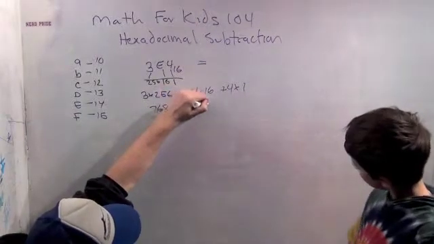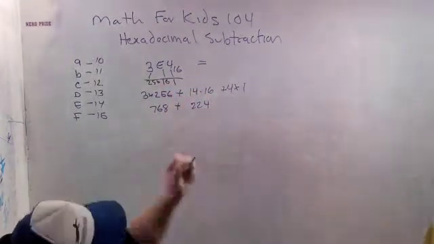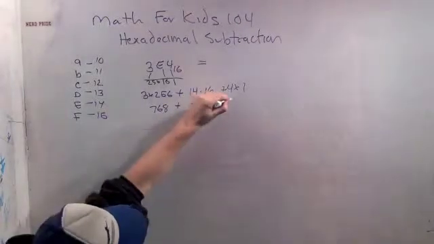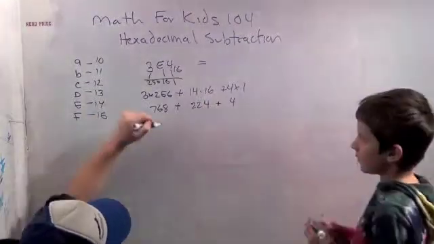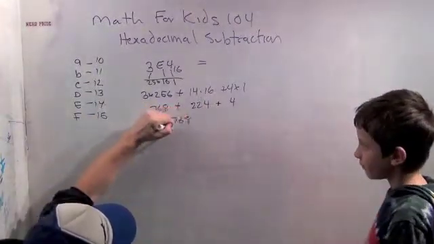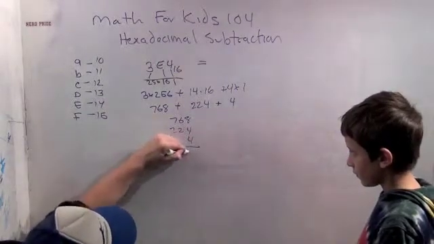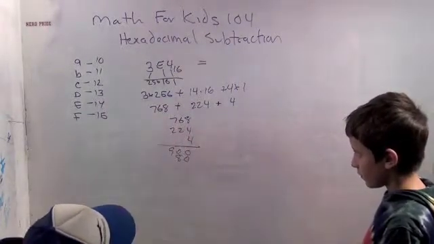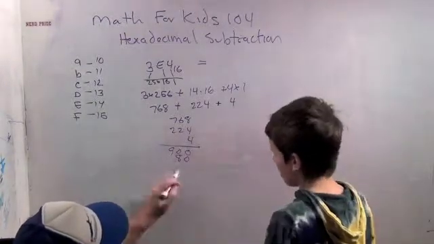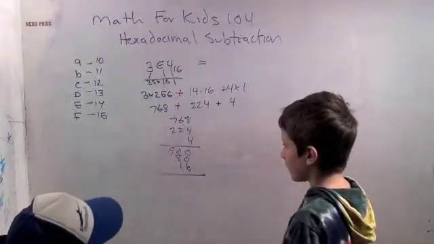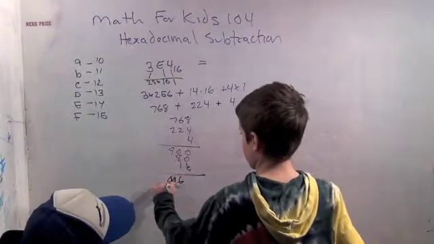And 4 times 1 is 4. So we have 768 plus 224 plus 4, which is 900 plus 80 plus 16. So that is 996.